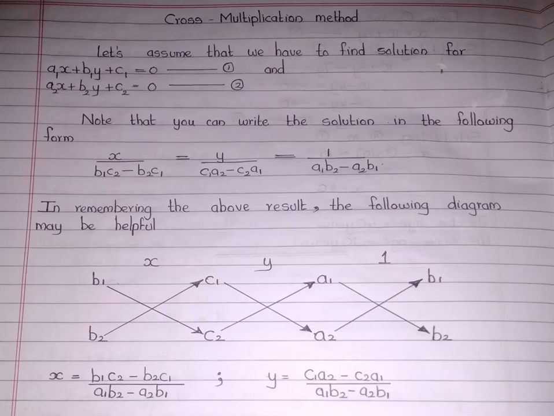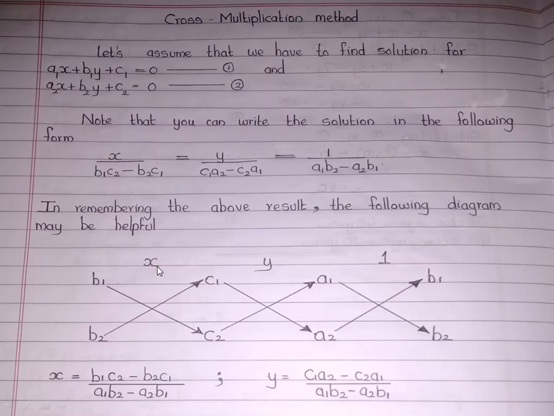This is a result which you have to learn by heart for solving the equations using the cross multiplication method. You have a simpler form of this. In remembering the above result, the following diagram may be helpful.